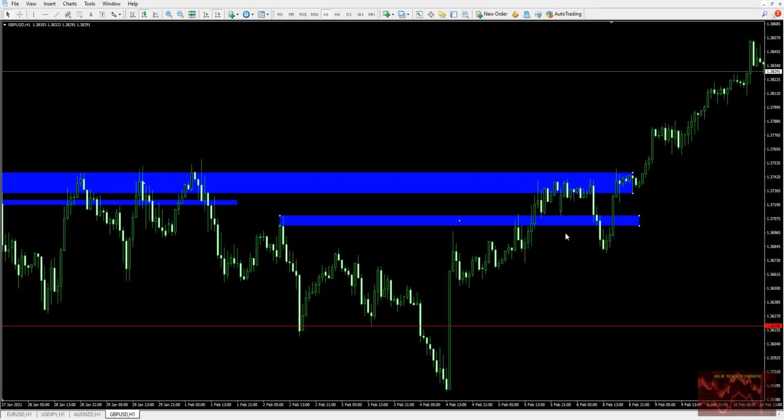And again, when you're not using indicators, you have to use almost what you see on the chart, and you have to get a feel for the chart.